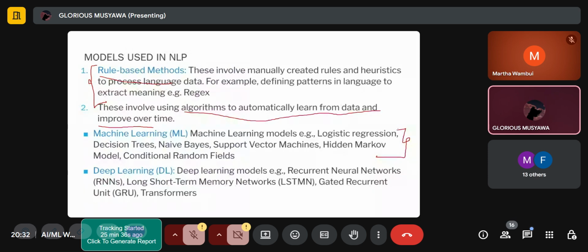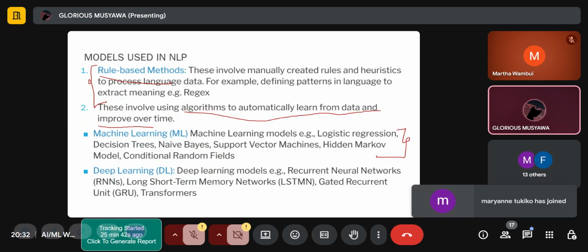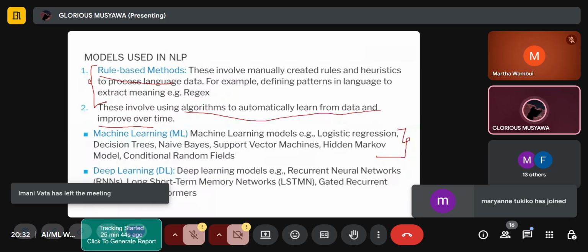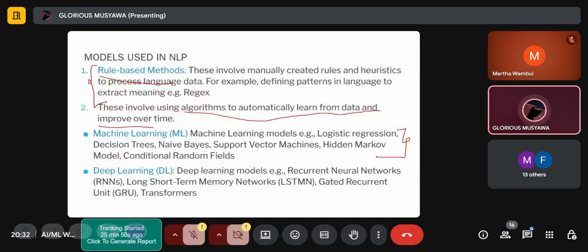Spam filtering. Email spam was a big challenge a long time ago, but people are still able to achieve spam filtering using machine learning. So we can use logistic regression, decision trees, naive Bayes, support vector machines, etc. These are machine learning models to do natural language processing.